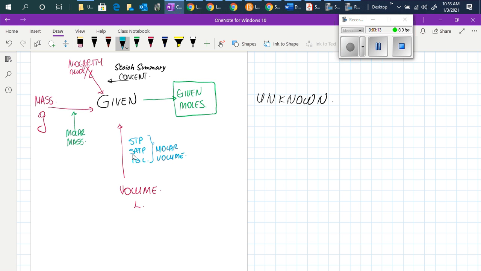As you have the given moles, in order to move to the moles of unknown, so all this work here is to move to given moles. And when you have to move to moles of unknown, then what we will use always is molar ratio.